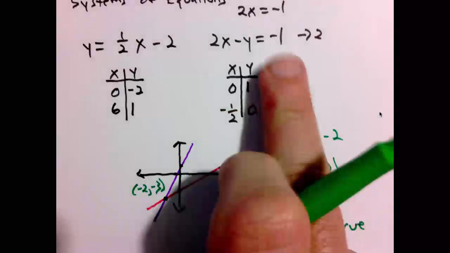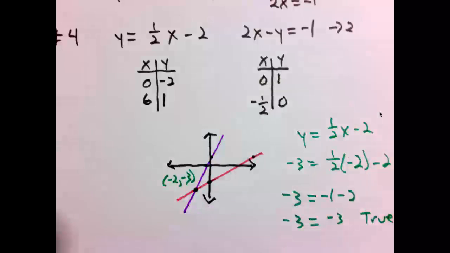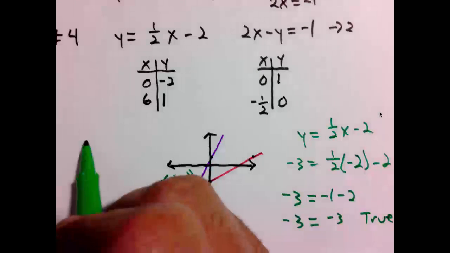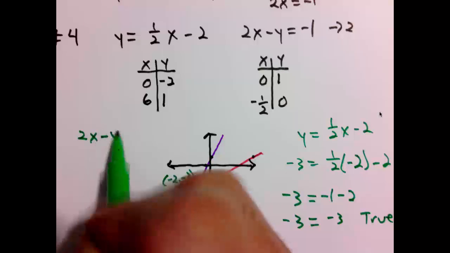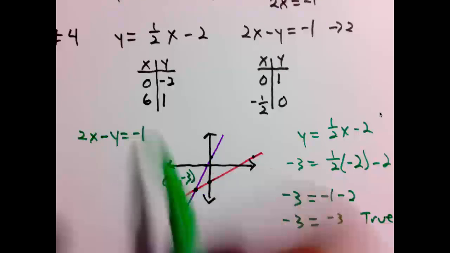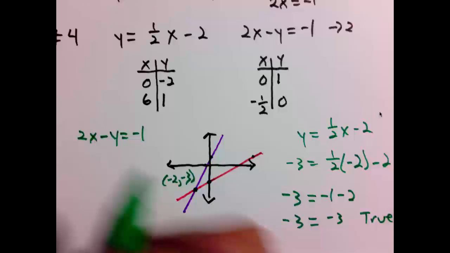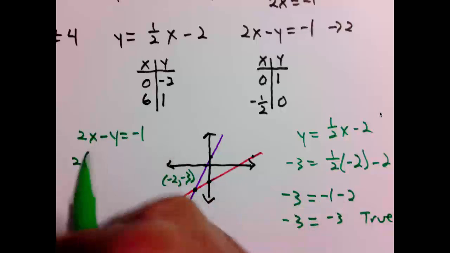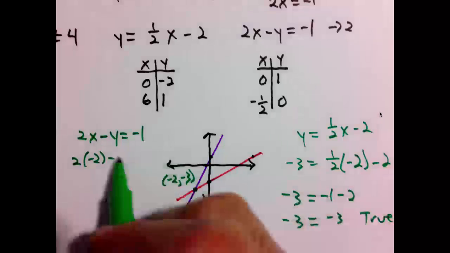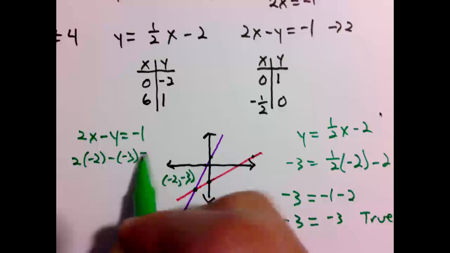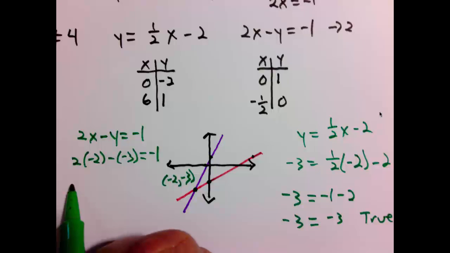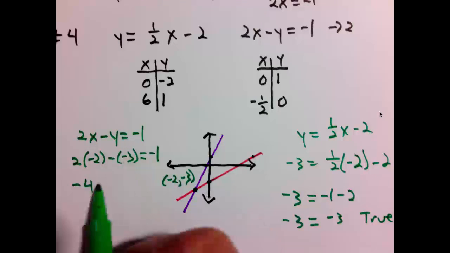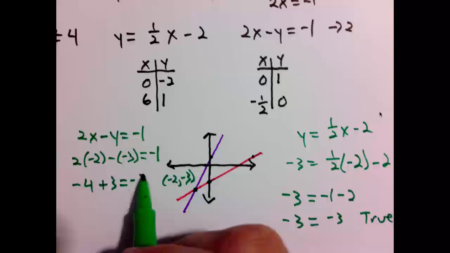Now I'm going to show it substituted into this equation. We have 2x minus y is -1. Substituting -2 for x and -3 for y, 2 times -2 minus -3. Is that -1? Well, 2 times -2 is -4. Minus -3 is +3. -1 on this side.